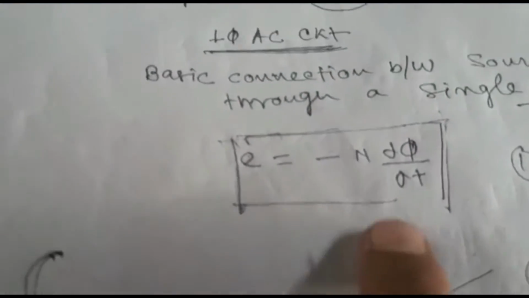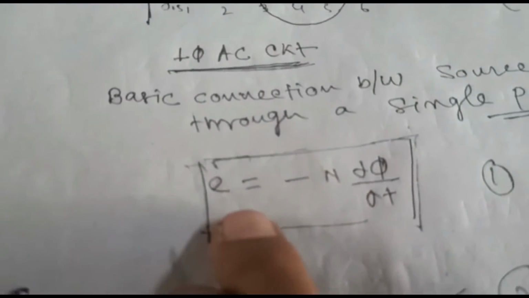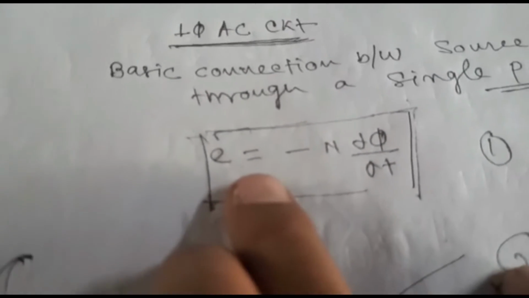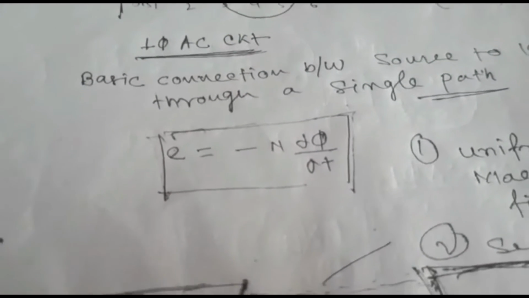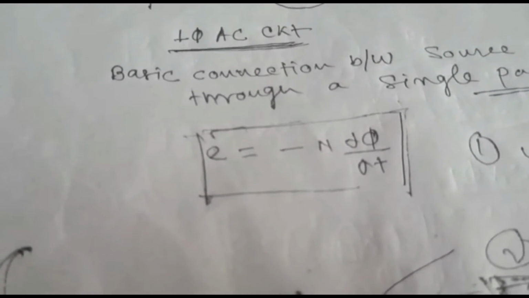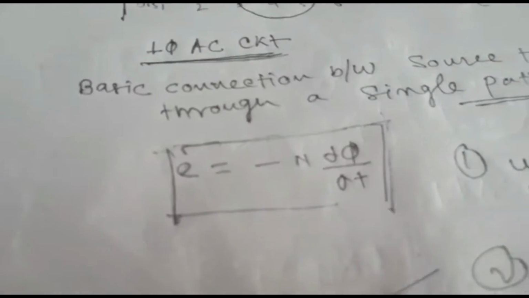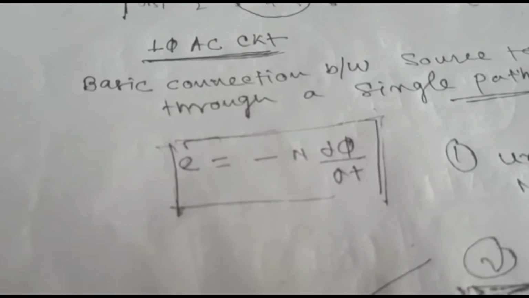So now we discuss how to generate it. Actually there is one formula, that is Faraday's law of electromagnetic induction: E equals minus N d phi by dt, where N is the number of turns and d phi by dt is the rate of change of flux.